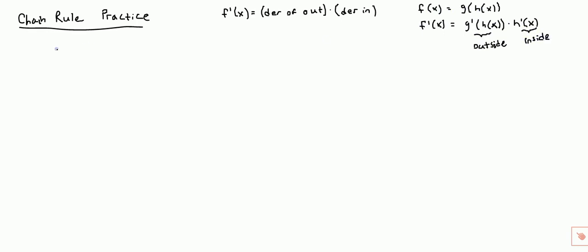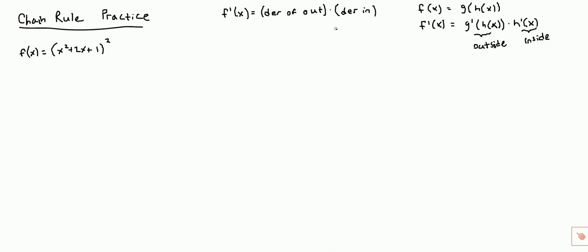Okay, so let's get into some practice problems. So the first one is going to be f of x equals x squared plus 2x plus 1, quantity squared. Okay? So the first thing we're going to do is solve it in this kind of informal method.